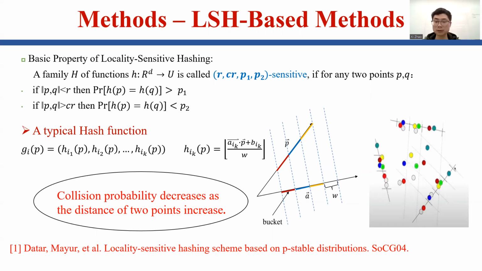In short, their collision probability decreases as their distance grows. So the nearby points are more likely to be mapped into the same hash buckets, which allows us to find the ANN of the query point only in the bucket where it is located.